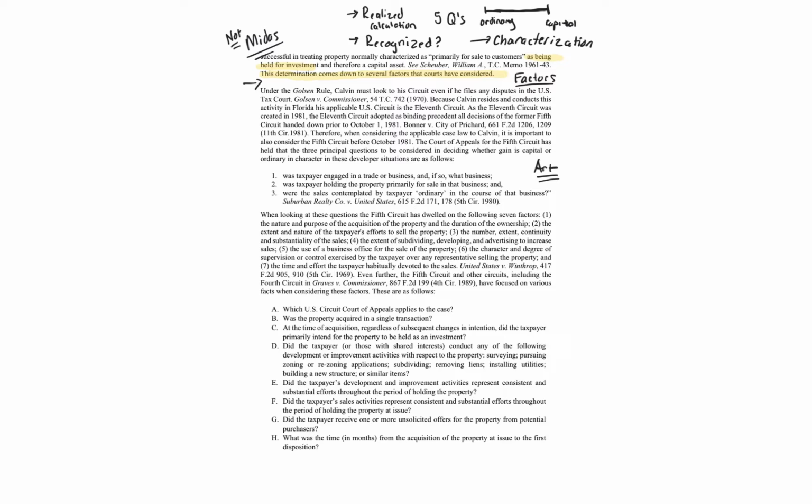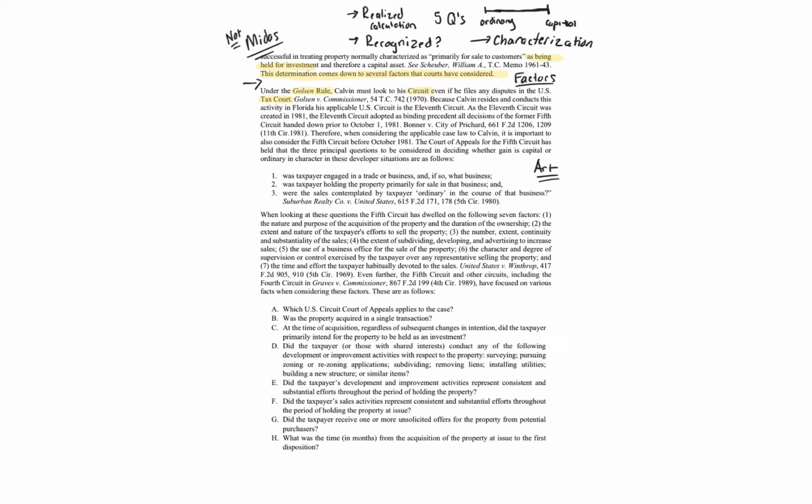All right. So first thing, when it comes to factors tests, just like anything in tax, you've got to look to the circuit. There's something called the Golsen rule. And it doesn't matter whether you're in tax court or you're dealing with a jurisdictional issue in your district court or U.S. Court of Claims. The Golsen rule basically says that the tax courts have to look at the circuits.